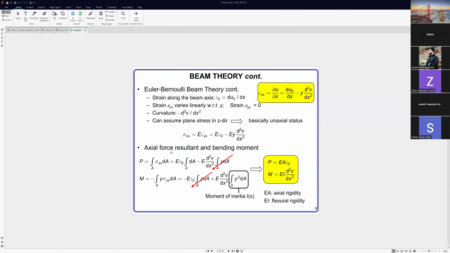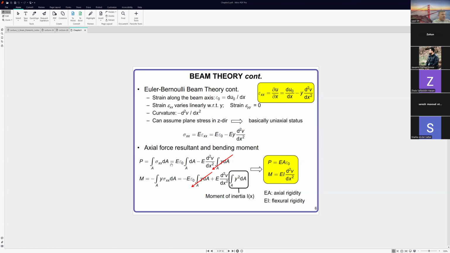Now, axial force resultant and bending moment. How can we get the force P? It is the stress times the area, so we take the integration of the stress, E epsilon xx times dA, over the area.